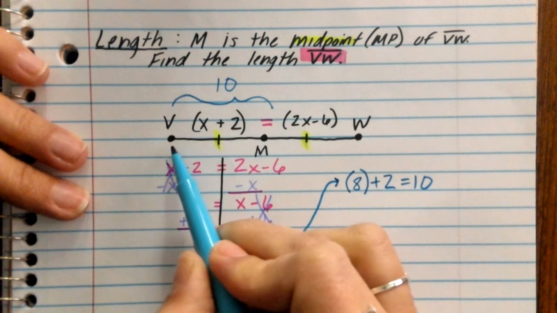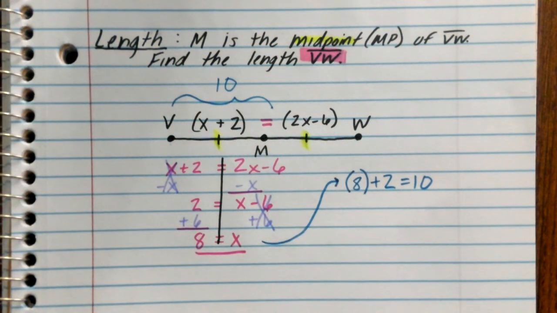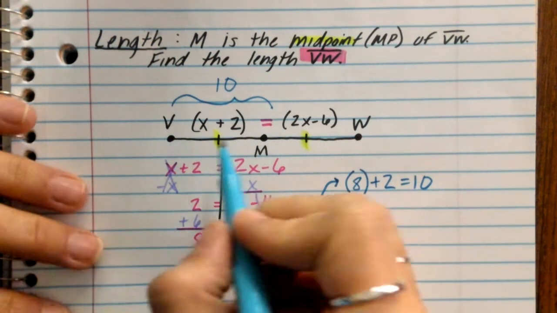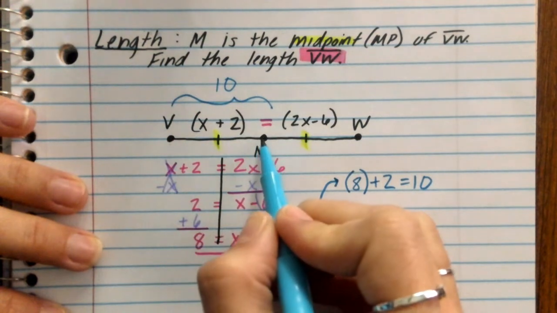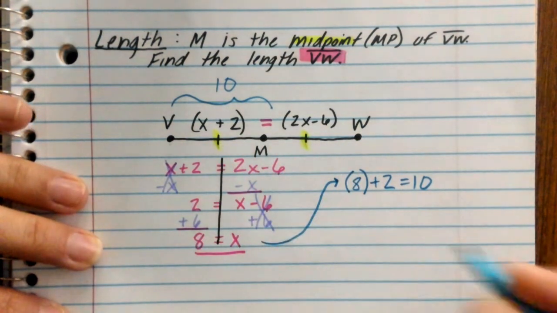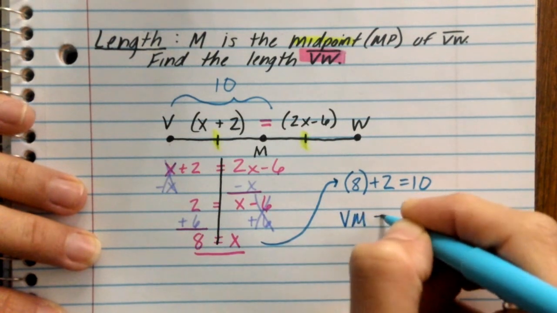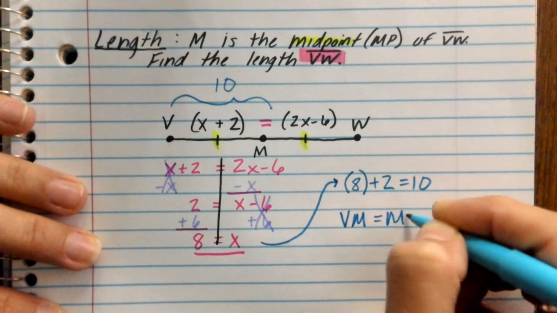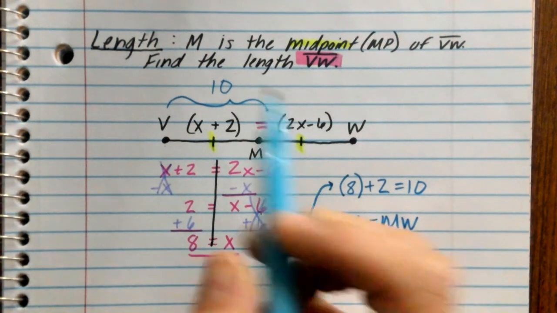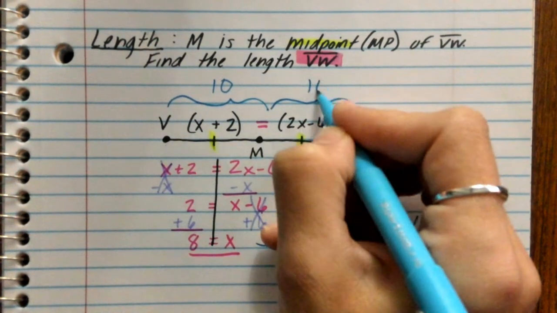But what do we know about the length of VM and MW? Shout it out. Let everybody in the house know. We know that the length VM and the length of MW are exactly the same. So here we know that VM is equal to MW. So if VM is 10, MW is also 10.